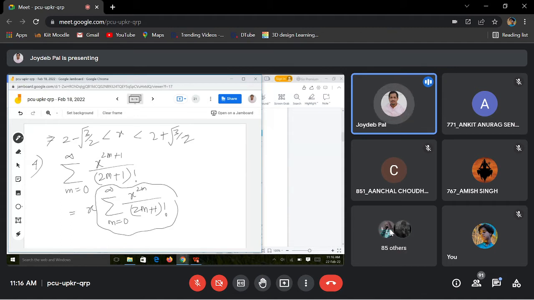Now, there are some results on series. If you multiply a series by a constant, then the radius of convergence remains unchanged. So the radius of convergence of summation m equals 0 to infinity x to the power 2m by 2m plus 1 factorial will be the same after multiplying by x.